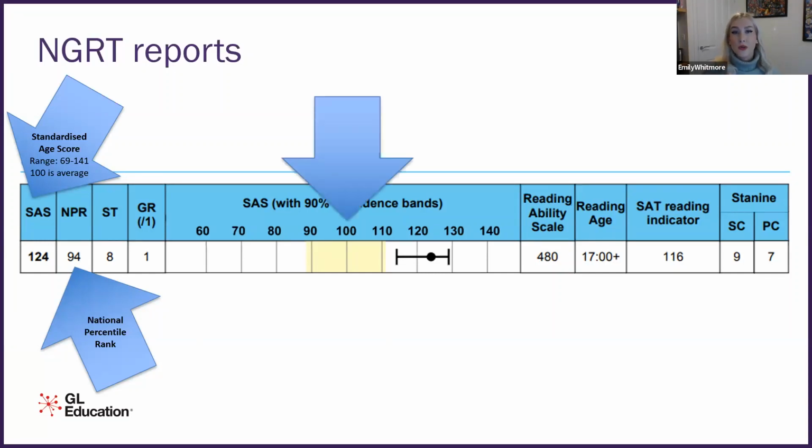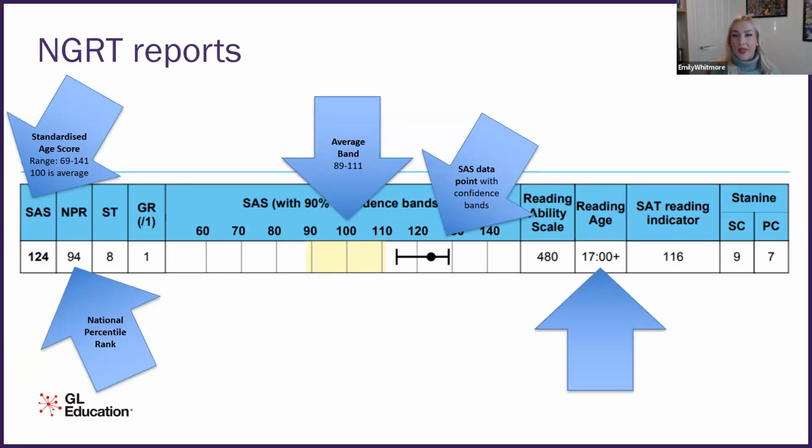We also have a more visual representation of these standard age scores, and this is shown through the average band, which is represented by that yellow. The average band runs from 89 to 111, and this is the expected range for a student of any given age, followed by a standard age score data point, which lets you know where the student's performance falls in relation to that average band.